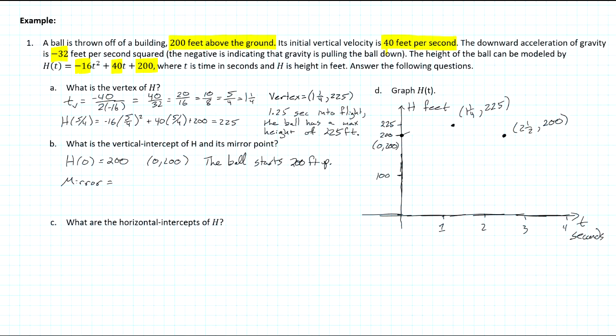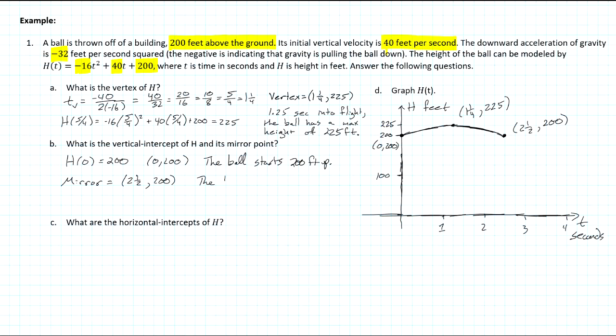So if the ball starts at 200 feet, it goes up to 225, and then it's coming back down. And it hits the 200 feet mark at 2.5 seconds in here. So 2.5, comma 200.